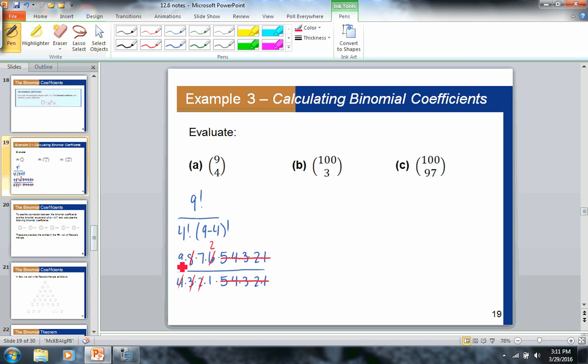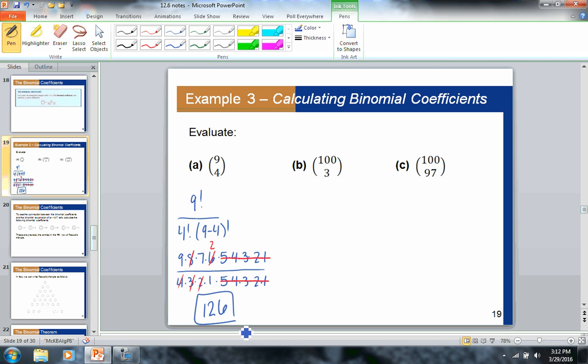But then we just have to multiply across the numerator and the denominator. Now the only thing that's going to be left in the denominator is 1. And when I multiply across the numerator, I'll have 9 times 7 times 2, and that should get me 126. And again, I'll relay what this means when we're dealing with Pascal's triangle in a moment. But for now, we're just figuring out how to calculate these binomial coefficients.